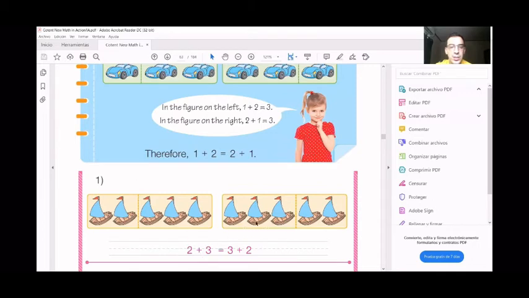And the second picture switches the order, 3 boats plus 2 boats. So we can say that 2 plus 3 equals 3 plus 2. This is going to be homework for you, page number 63. Also page 64 and 65.